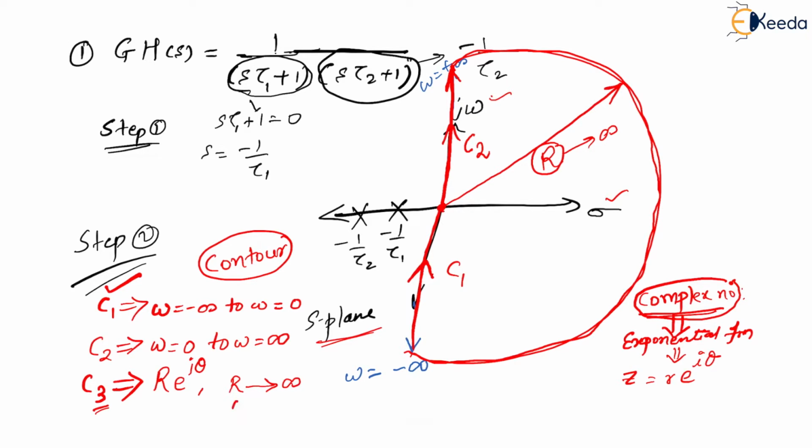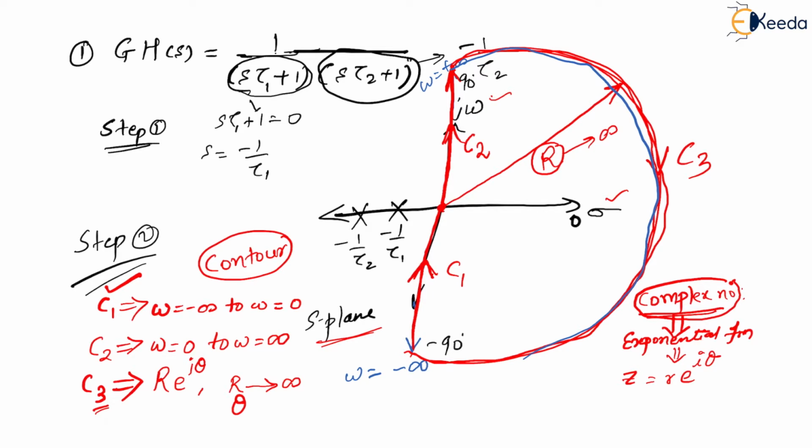And what is this theta then? We have gone this way: this is C1, this is C2, so this becomes your C3, and we are moving in this direction. This is 0 degrees, this is 90 degrees, and this is minus 90 degrees.